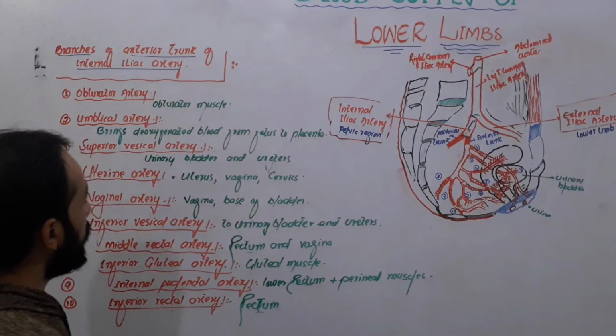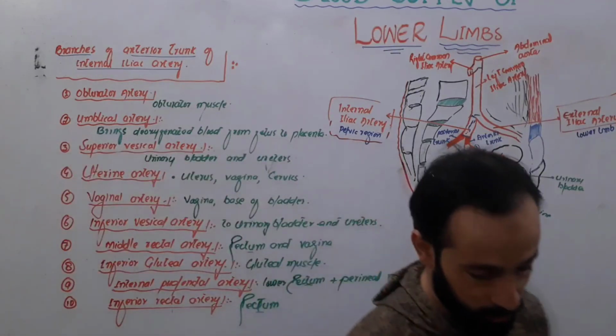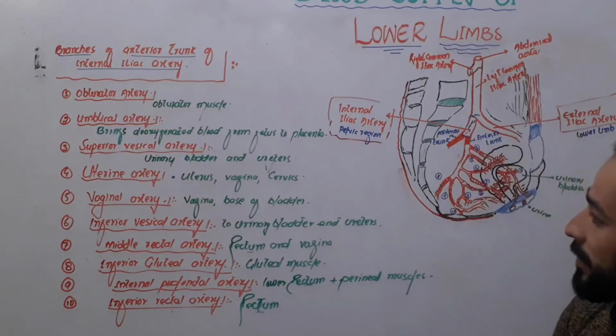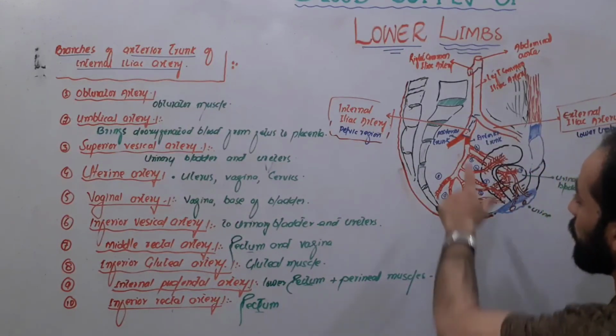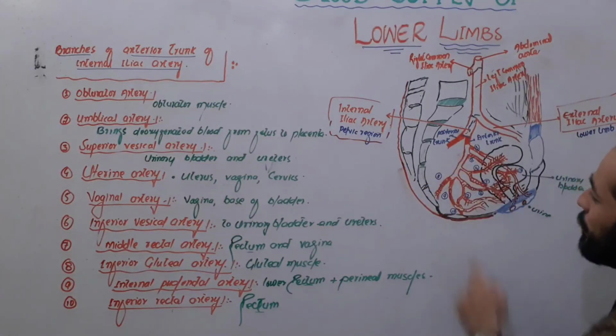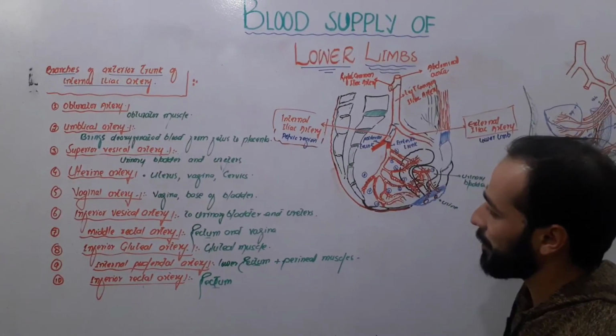I hope you got something from this lecture, and I hope you learned many things regarding the blood supply of the human female pelvis. In the next lecture I will record about the branches of the posterior trunk, and we will see what this posterior trunk is responsible to supply blood to.